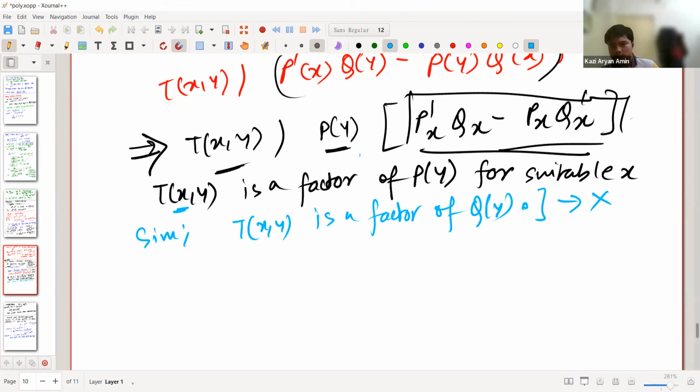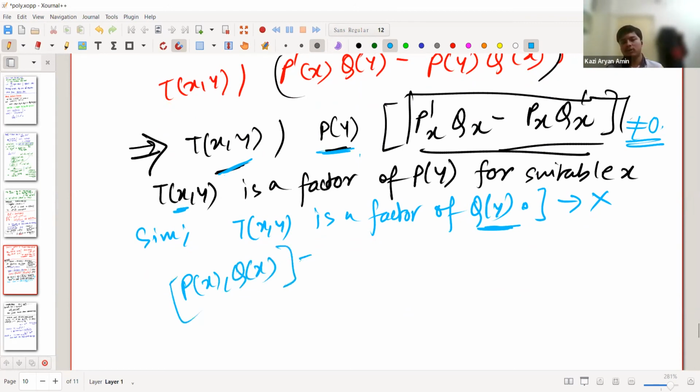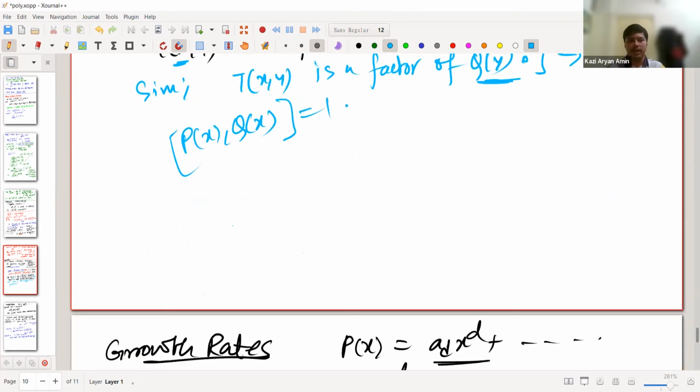We assumed that this term was non-zero. Then we have p of x comma y divides p of y as a polynomial in y for suitable x, and similarly it's also a factor of q of y, but we know that p and q have no prime factors at all in common, so this cannot hold true.